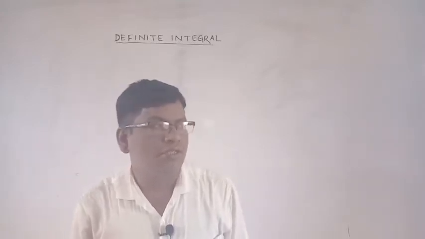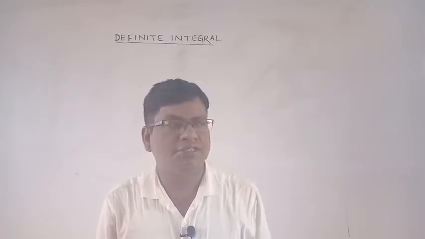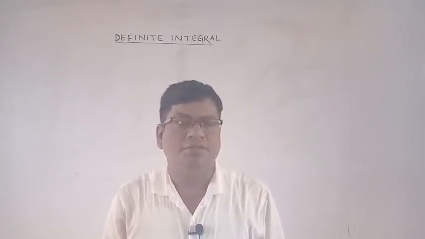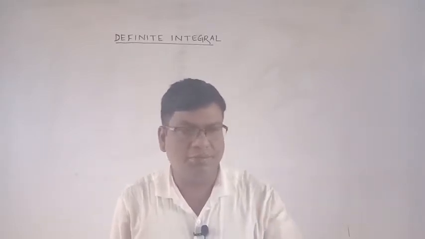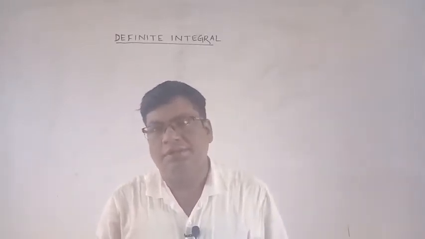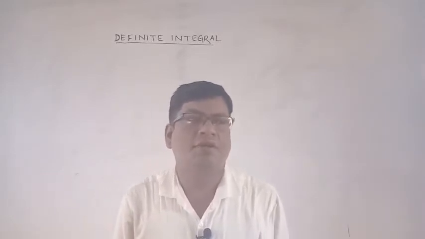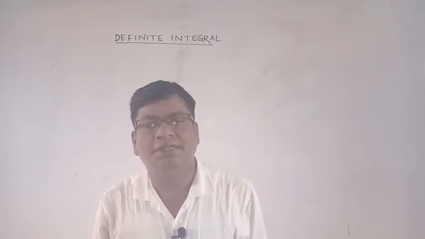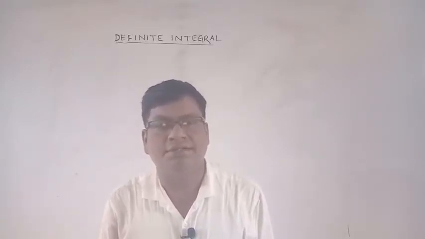That is, the value of a definite integral remains the same if we change the variable. The second property is: if the upper and lower limits are interchanged, the value of the definite integral is the negative of the original definite integral.